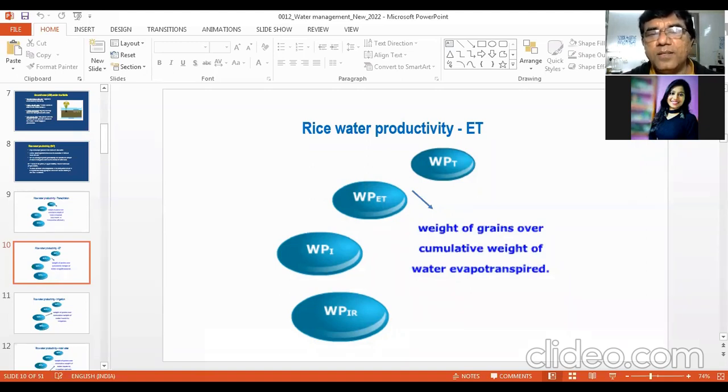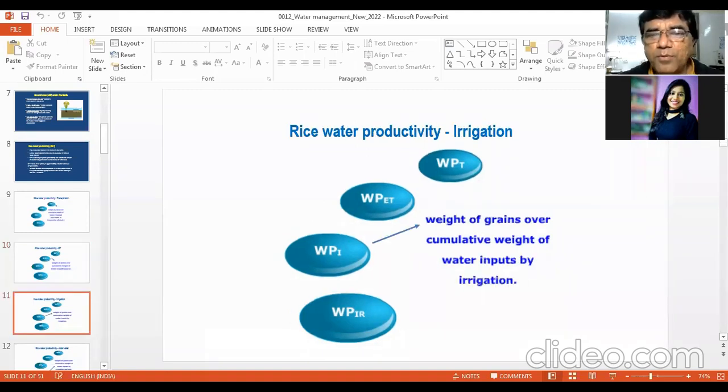So you can see this water productivity in 4 different respects. And out of these 4, one is your water use efficiency, which is WPET.